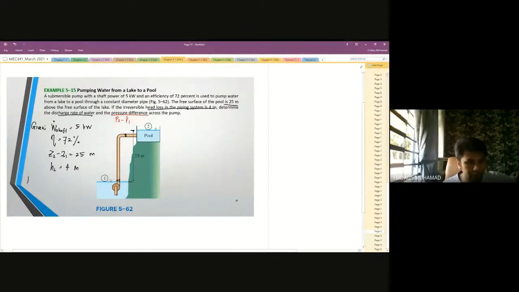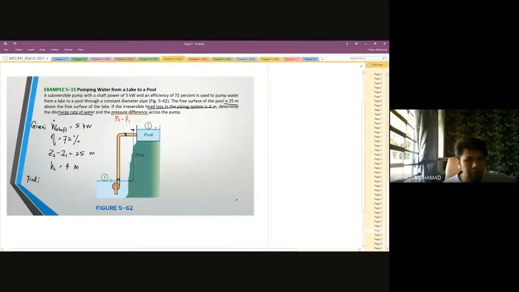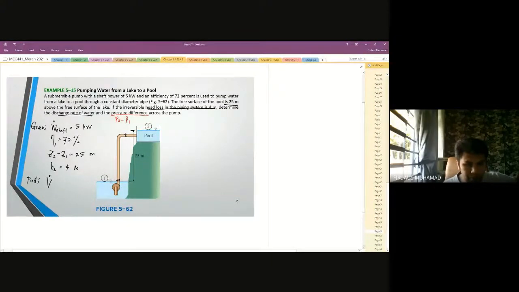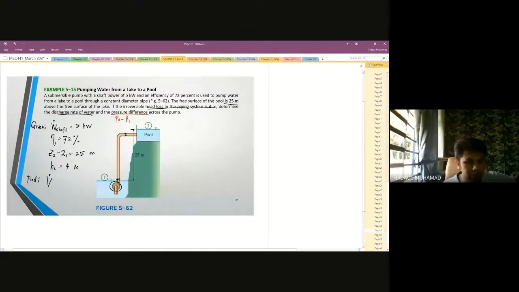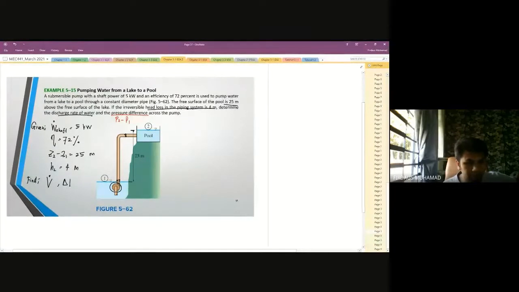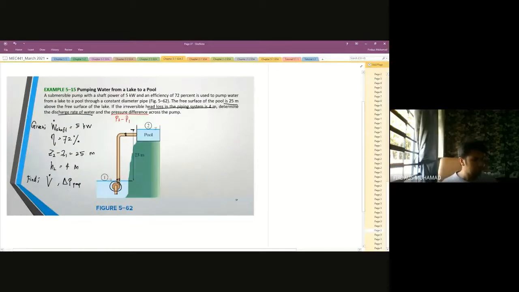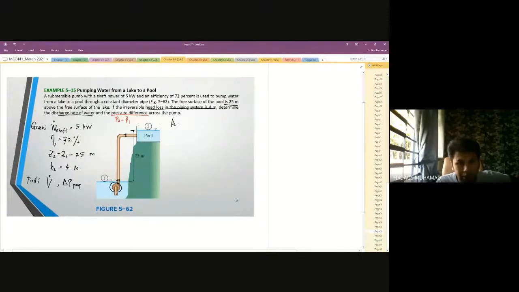So find discharge rate of water and pressure difference across the pump ni. Pressure difference for the pump.